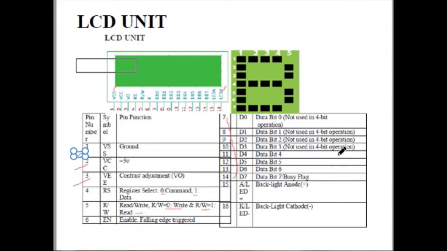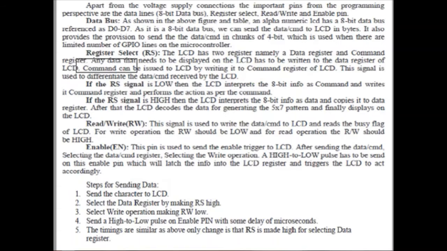Our usage is limited to D4, D5, D6 and D7, and the 15th and 16th pins. To glow the LEDs connected behind the LCD panel, the LEDs are connected across the 15th and 16th lines. And next, as I explained, we have the explanation for the data bus and register select.